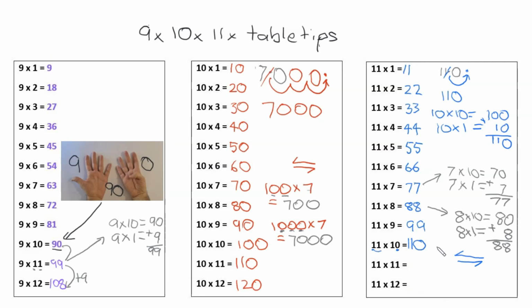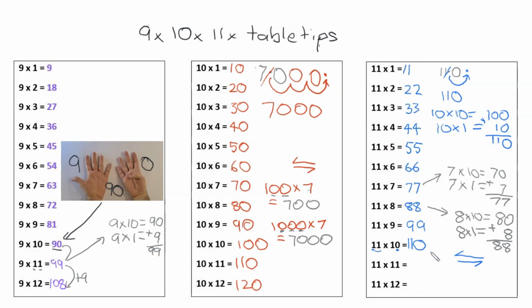Okay, now remember what we did in the last one, say the 9 times 10 to 9 times 11 to 9 times 12. Because this might trick you and you might think, there's no way I can remember 11 times 11. Well, it's easy to get to the 11 times 10. Remember, anything you multiply by 10, just add a 0. That will give you the 110. So that's easy to do in your head.